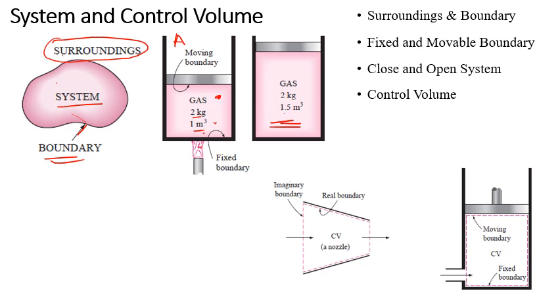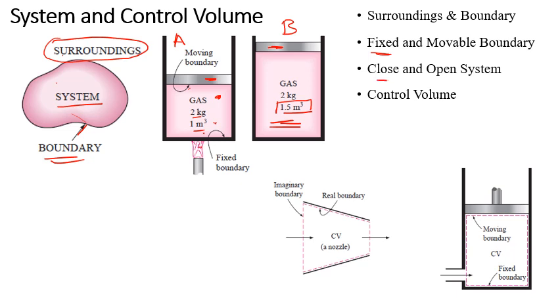So volume is increased to 1.5 meter cube, and this is scenario B. So basically in scenario A and scenario B, the boundary is moving, so this is called movable boundary system. And if it is not like a movable boundary system, like it's a closed system, then that is termed as fixed boundary system.